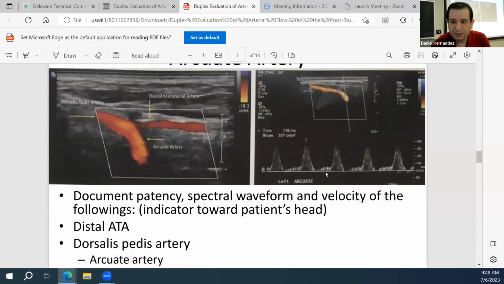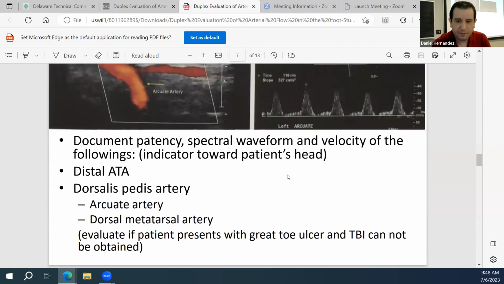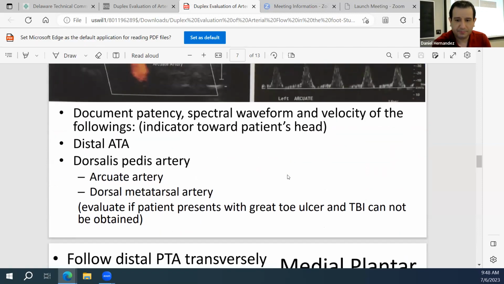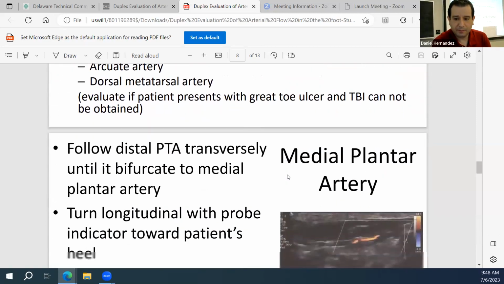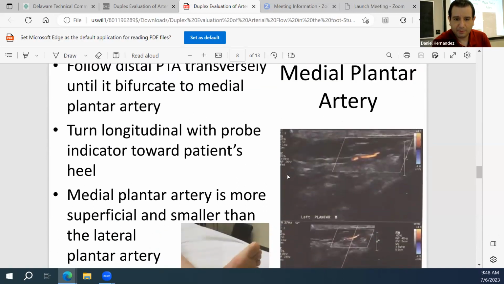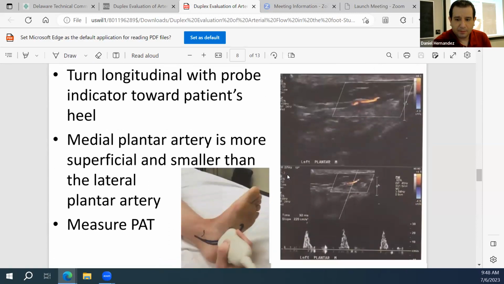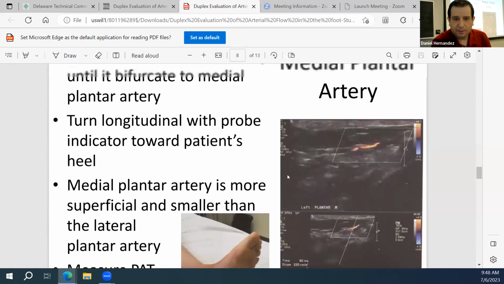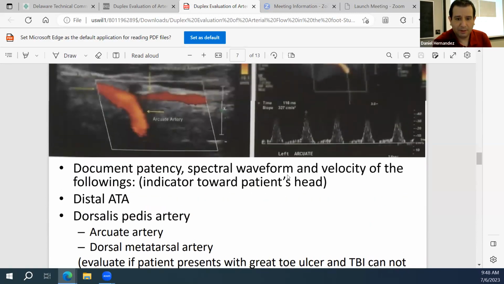So this was again just showing the measuring of that acceleration time. We do a measurement for the dorsalis pedis artery.